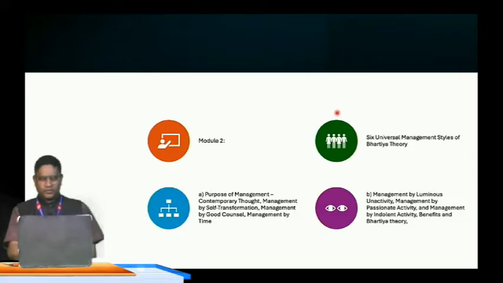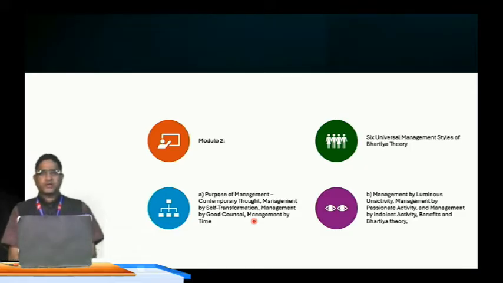In module 2, I will speak about the 6 universal management styles, which are the purpose of management, contemporary thoughts, management by self-transformation, how a person transforms in their day-to-day life by learning through this course, and good counsel and management on time.